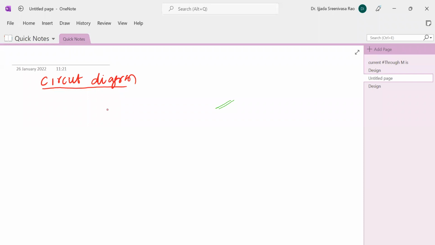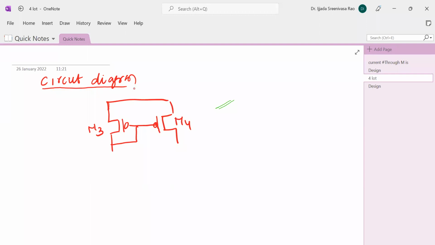Here is one PMOS transistor and one more PMOS transistor. This is the M3 transistor. This is the M4 transistor. This is the VDD.